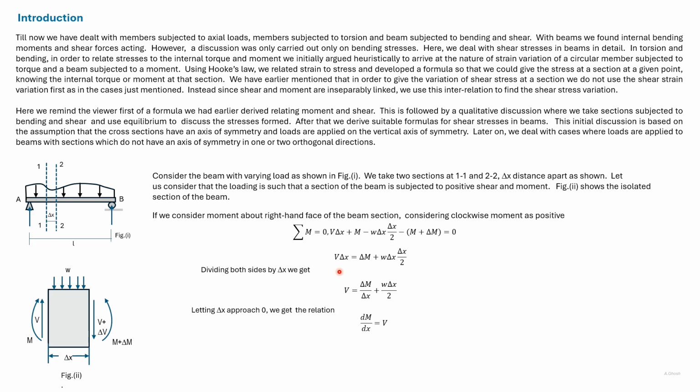Dividing both sides by del x, we get this expression. We let del x approach 0, so this second term becomes 0. V is given as dM by dx.